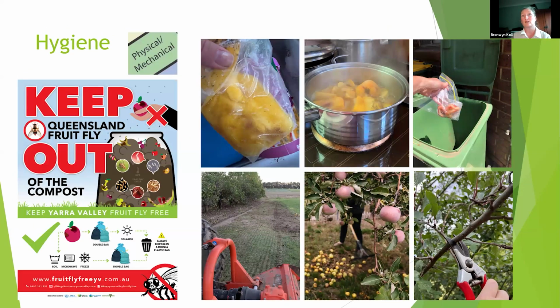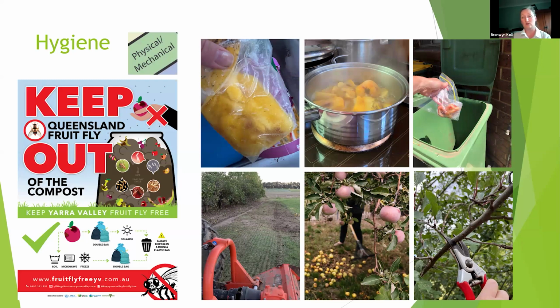So this physical or mechanical or non-chemical approach of destroying the fruit either by freezing, boiling, or double bagging and putting in the rubbish bin, solarizing, mulching the fruit on the ground, whilst it's not 100% effective at controlling fruit fly, it does have a huge impact on controlling that risk that fruit fly and potentially infested fruit brings.